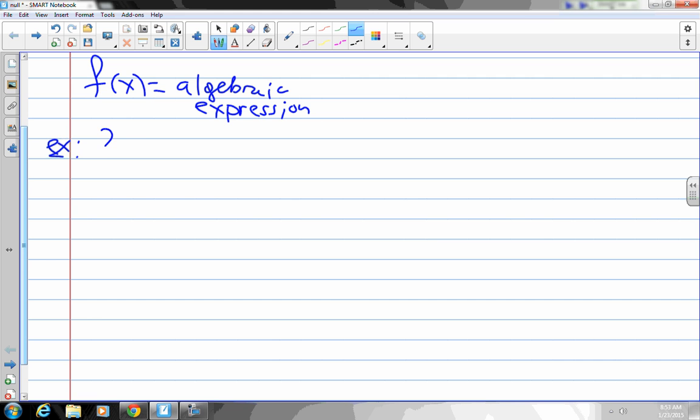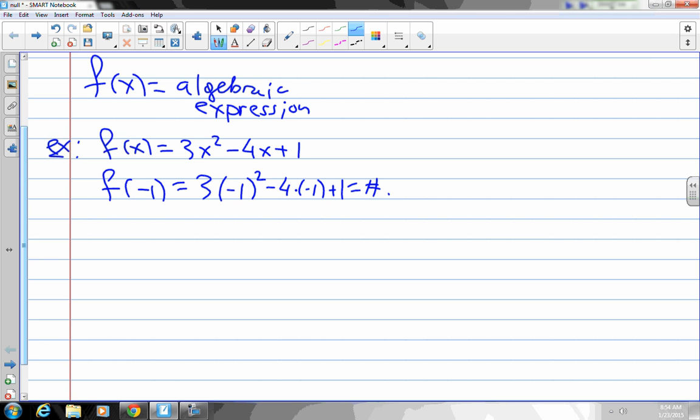For example, if f of x equals 3x squared minus 4x plus 1, then f of negative 1, how do I do that? Yeah, plug negative 1 for x, so 3 times negative 1 squared minus 4 times negative 1 plus 1 equals something, I don't care.